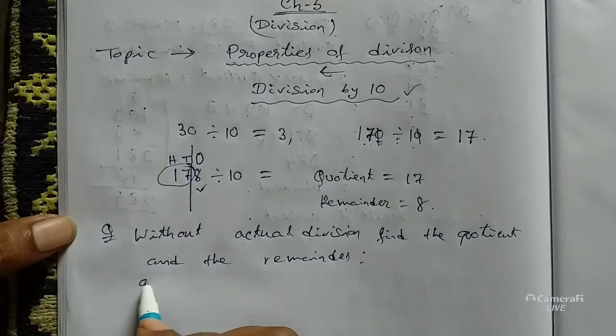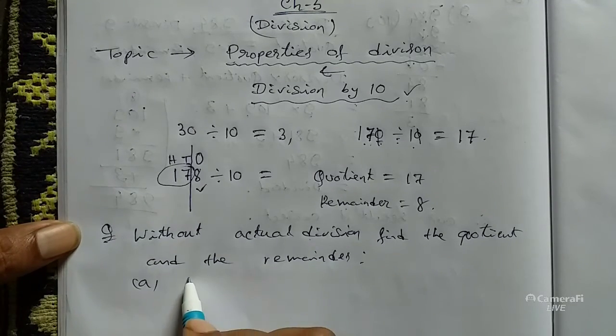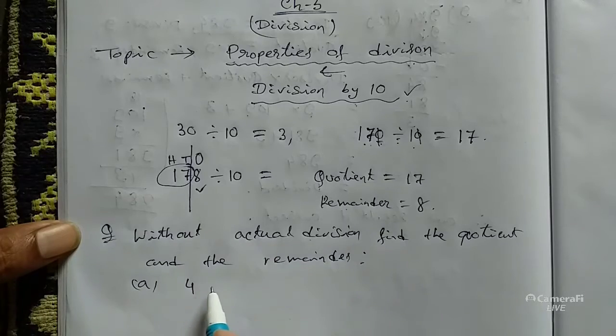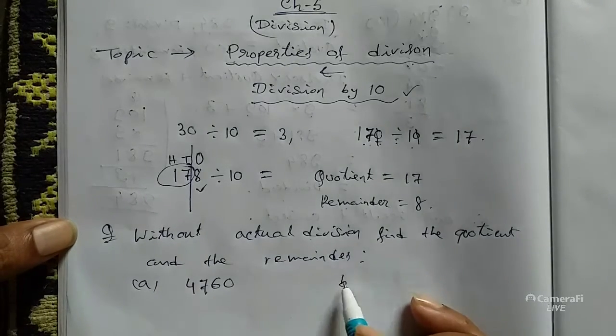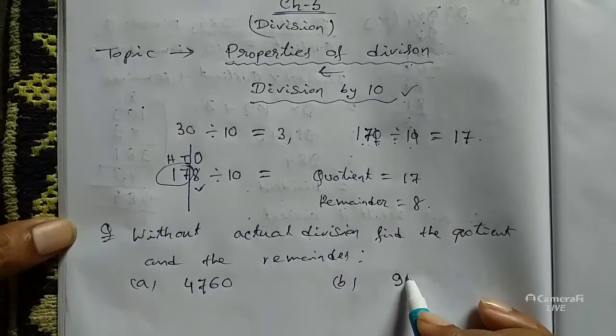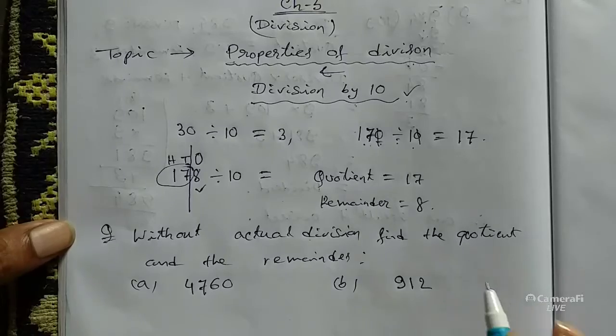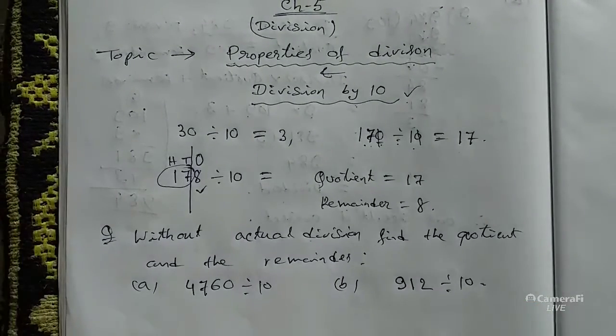I am taking two problems. Number 1, 4760, and number 2, suppose 912, divided by 10.